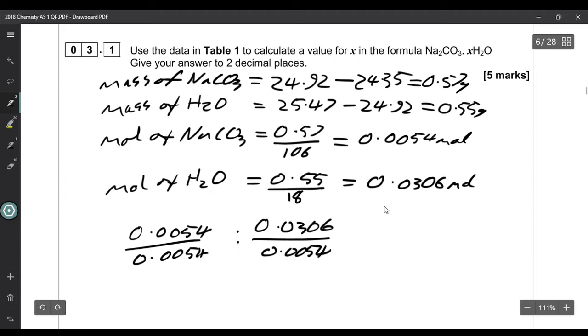So now we can work out what the exact ratio is, and that gives us a ratio of 1 to 5.68. So x in this value is going to be 5.68.